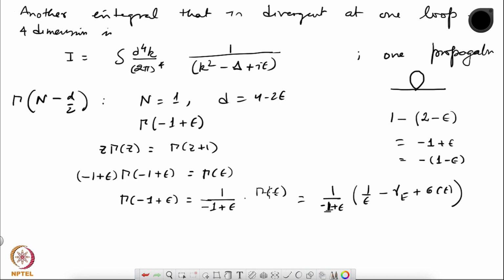So you see again that this integral also is giving you simple poles. But if you had used a cutoff regulator, you would not get a logarithmic divergence, right? Because this is not log divergent. But when you are using the dimensional regulator, you are still getting a simple pole. So the singularity appears here also as a simple pole.